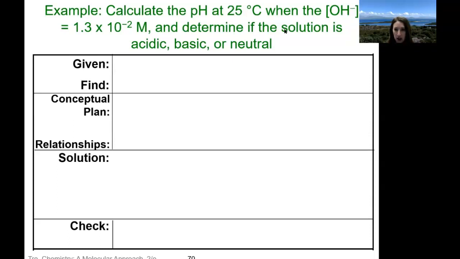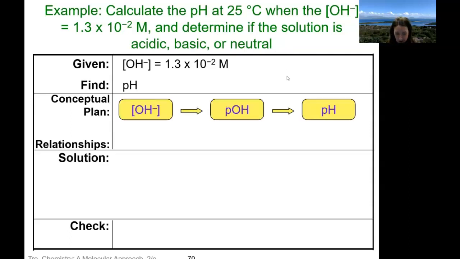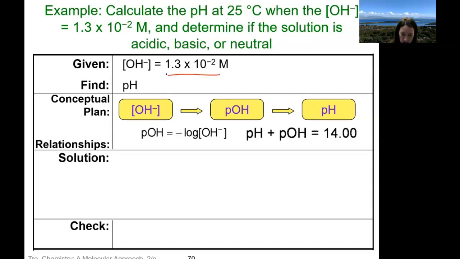So we want pH, but they gave us OH. So we could use KW, and from KW, we could get to the hydrogen concentration, and then we could just take negative log of that, or we could just use POH, which we've already talked about. Well, that's kind of a lot faster. So if we just take the negative log of our OH, that's going to give our POH, and then we just subtract from 14.